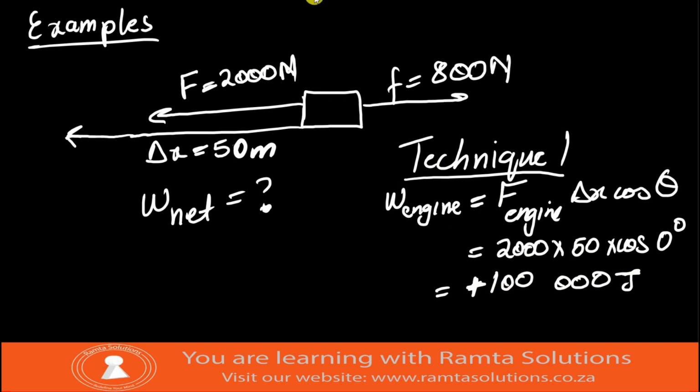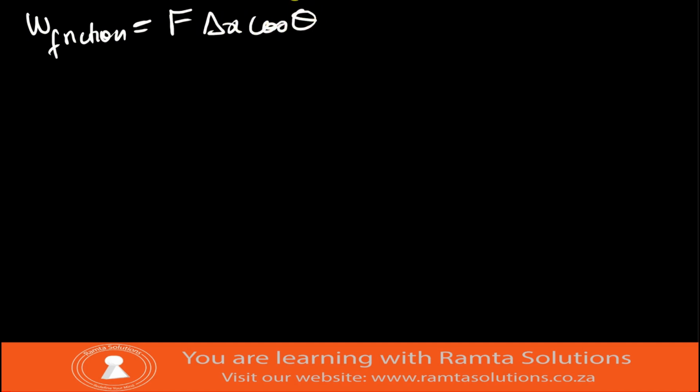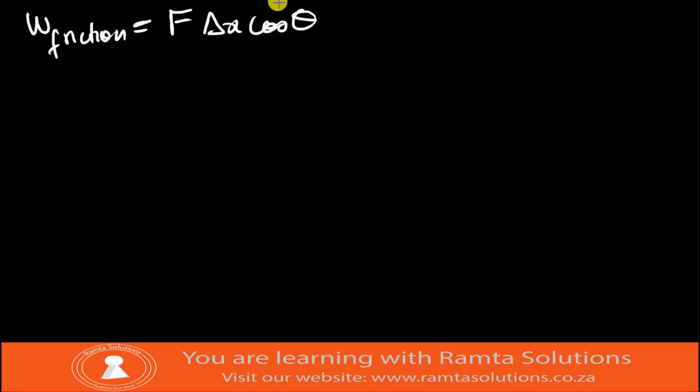Now, let's get the work done by friction. It is F delta x cos theta. Friction, as you can see, is in the opposite direction of the displacement, so it will be 180 degrees.